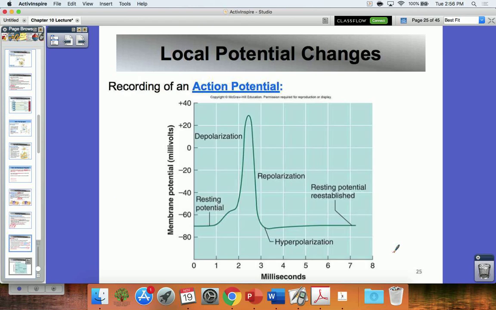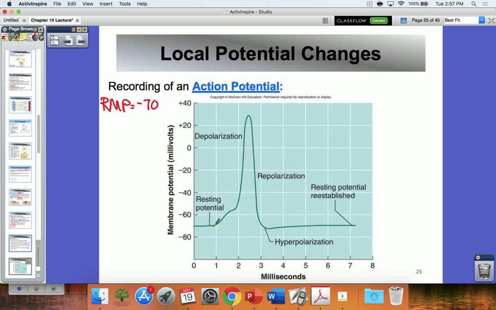So let's look at this chart. Okay? Resting membrane potential, again, is -70. I'll write this up here again. Resting membrane potential, -70. All right? So we start here, resting membrane potential. If you notice, this is -80, -60, -40, 0, +20, and 40, right? So we start at -70 at rest.